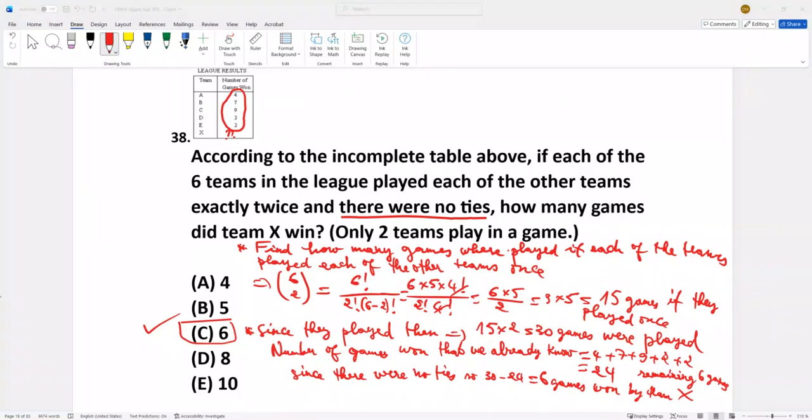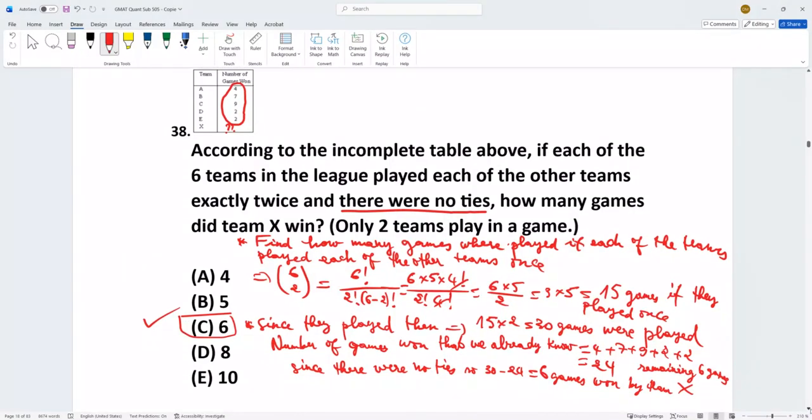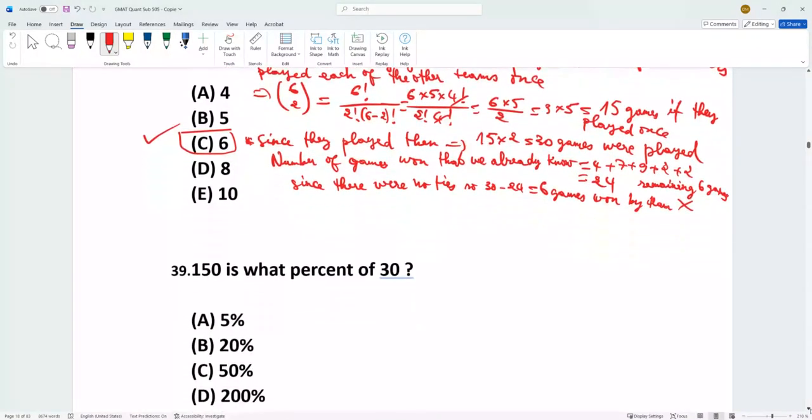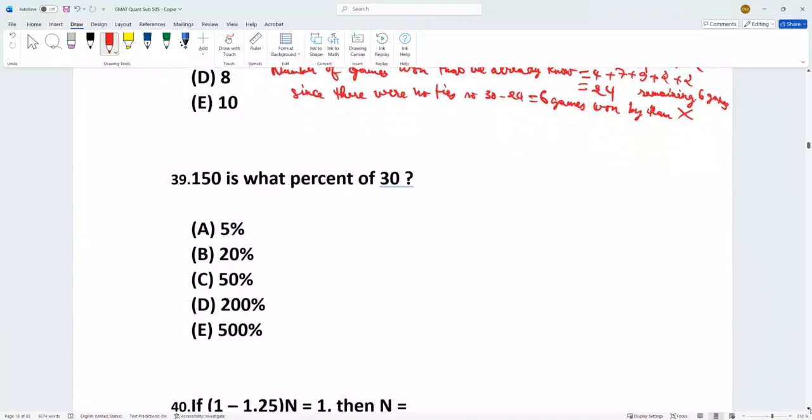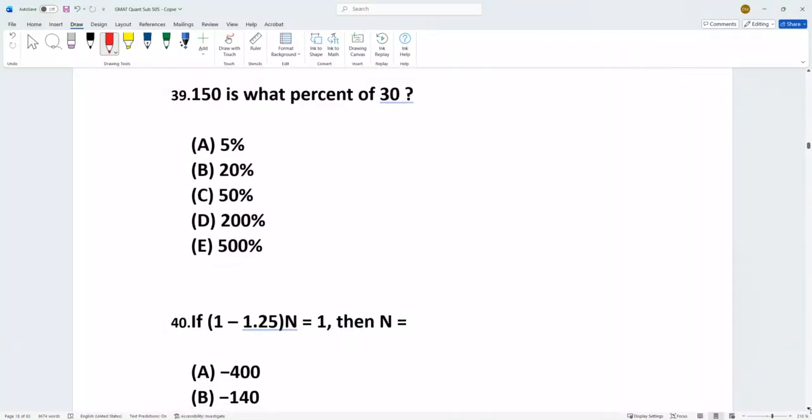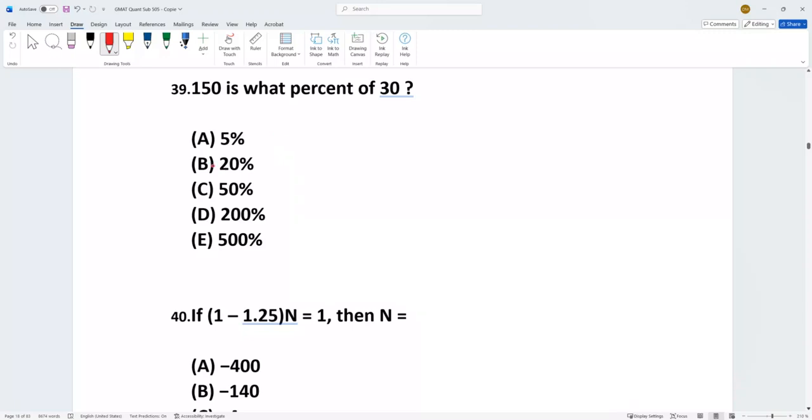Let's move on to the last but one question, which will be question number 39, and then we will do question number 40 after that. Question number 39: 150 is what percent of 30?